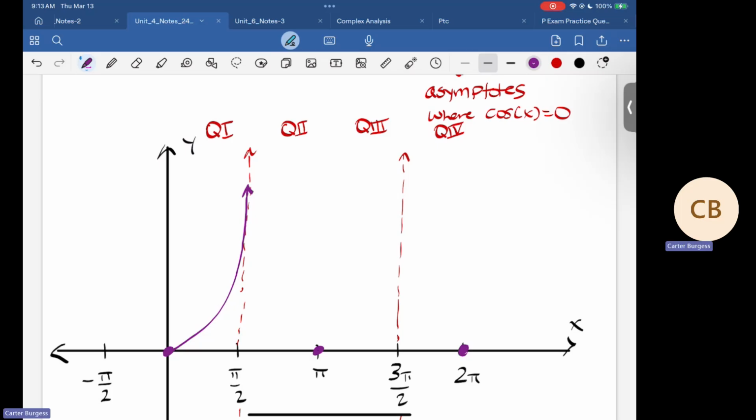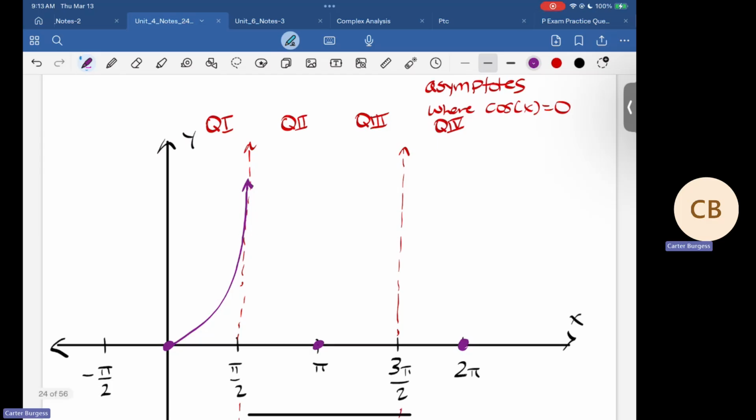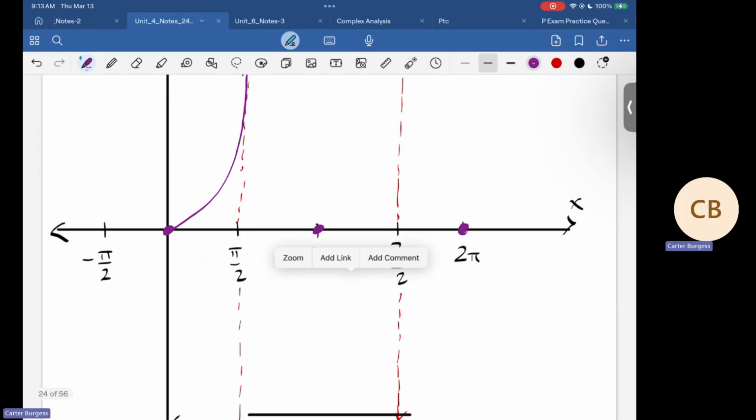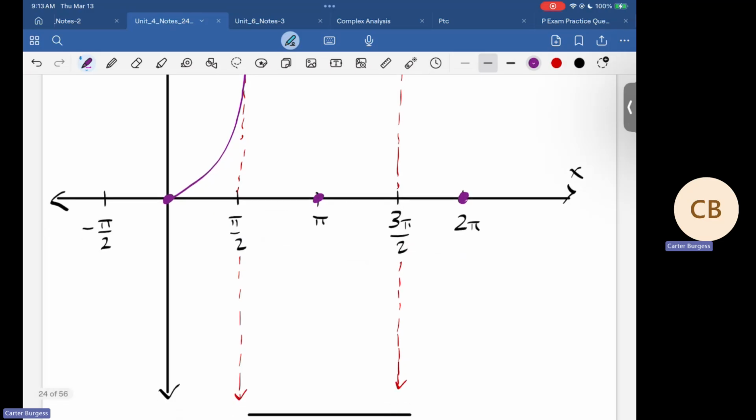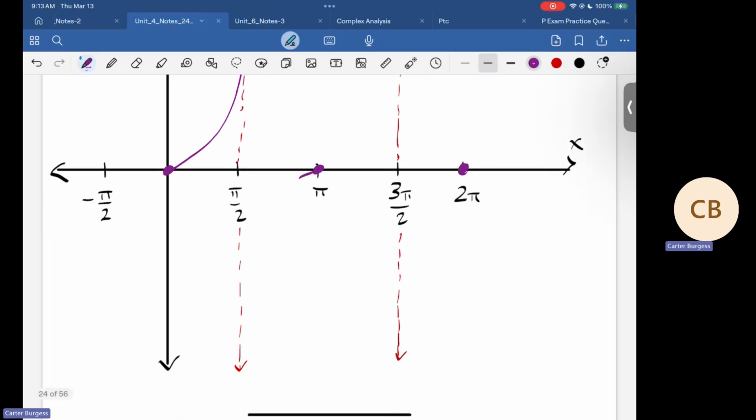In quadrant 2, which would be between pi over 2 and pi, what is my x and y information going to look like? X is going to be negative, y is going to be positive, and a positive divided by a negative is going to give me a negative.